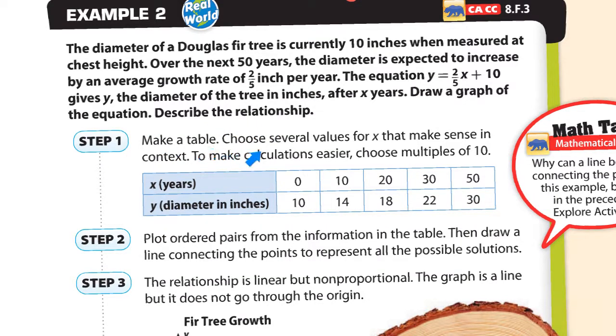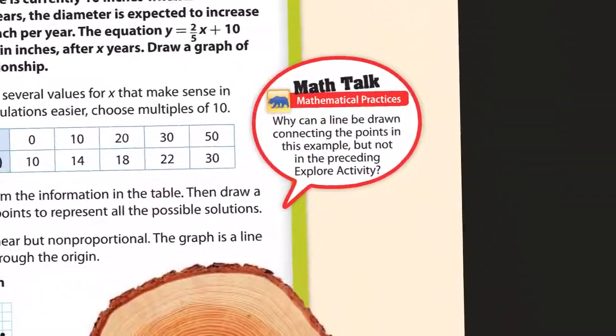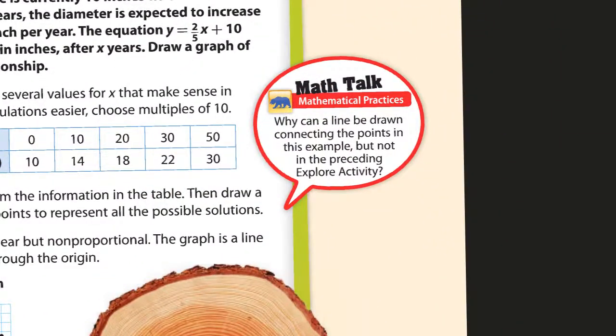So we're going to make a table, and we're going to choose values for x that are easy to work with. So we're going to do multiples of 10, and I'll show you why that works in just a moment. I'm going to write this equation over here and plug in these values for x.